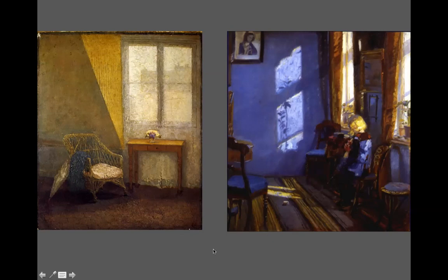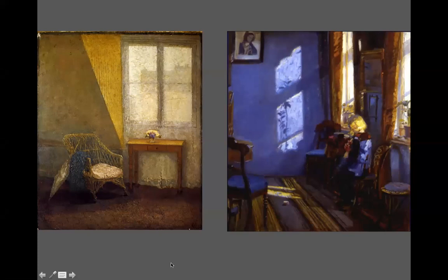One of these paintings has a cool light source and one has a warm light source. So if you look carefully at the light sources in these paintings, which has the cool light source and which has the warm light source? I would say that the painting on the left has the warm light source because the room looks really golden and toasty.